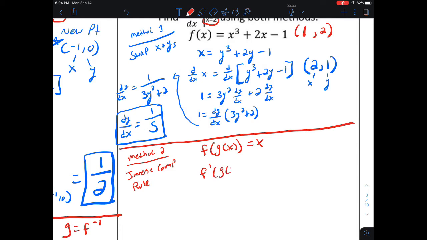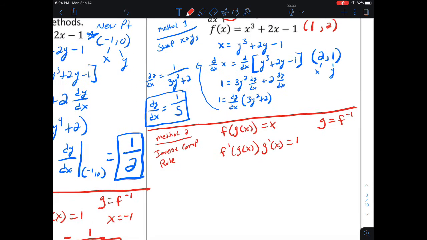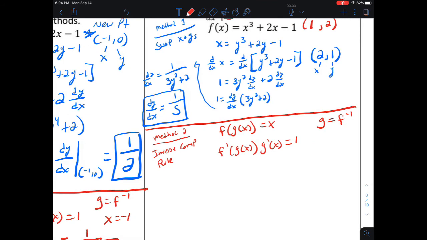So f prime, use the chain rule, of g of x times g prime of x is equal to 1. Now, g is representing the inverse of f in context of this whole thing. And since we want to know the value of the derivative of the inverse, we're going to rewrite this as g prime equals. So g prime of x is equal to 1 over f prime of g of x.